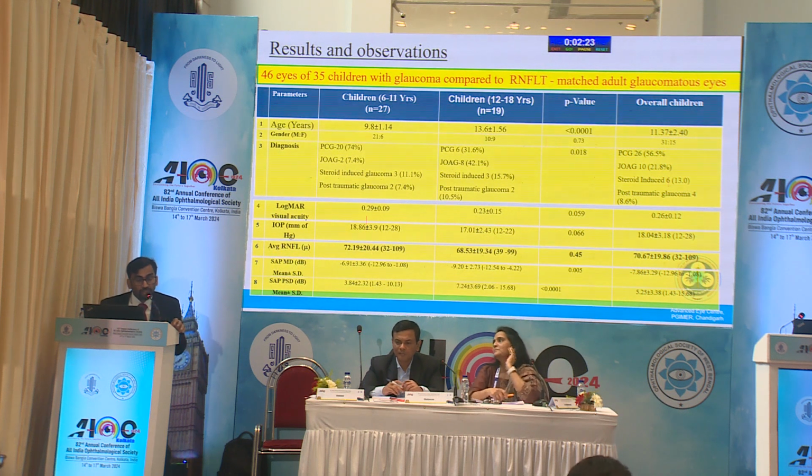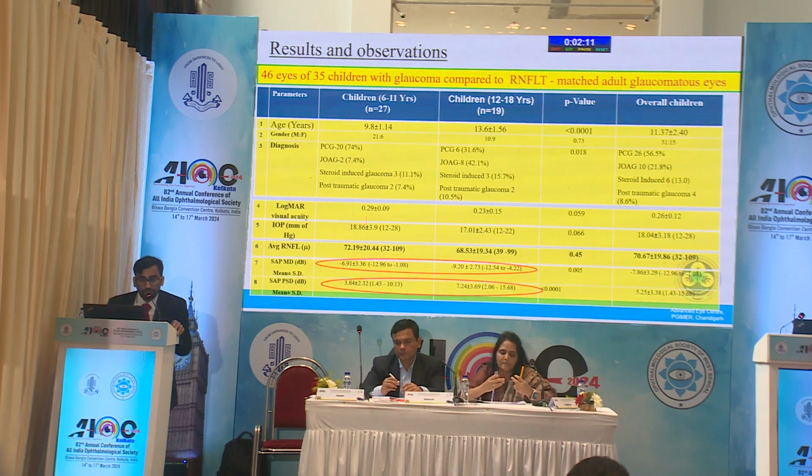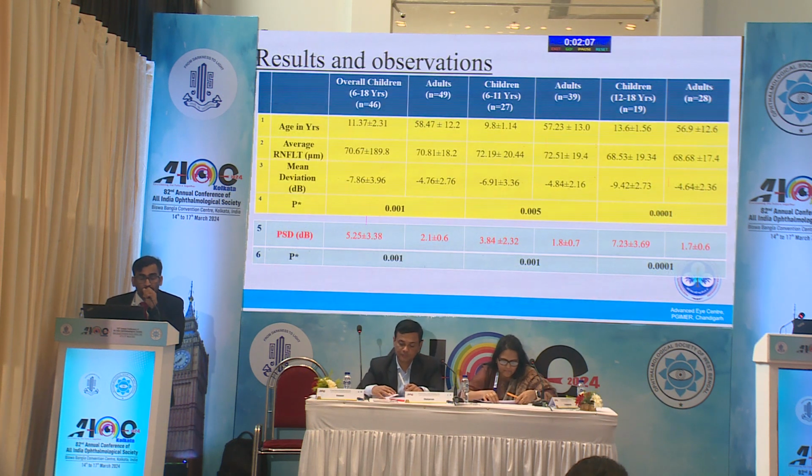Note that the mean deviation of the younger children was much better compared to the older children, and the PSD values of the older children were much higher compared to the younger children. When we compare patients with comparable RNFL thickness, though the mean average thickness was similar in all the groups, the mean deviation of the children was much worse.